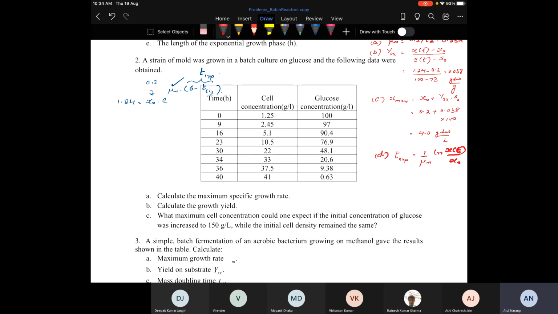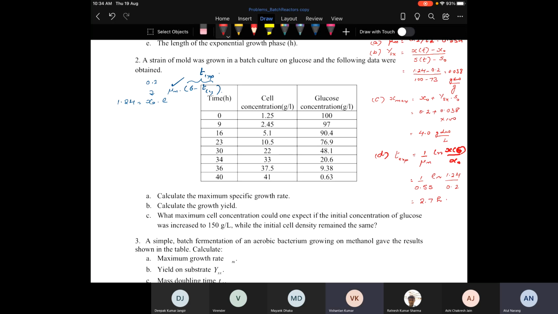I should actually say x of 6. That is equal to 1 over 0.55 multiplied by ln of 1.24 divided by 0.2, which I'm told is 2.7 hours, right?